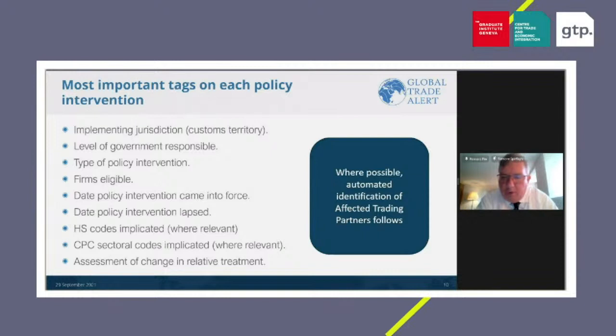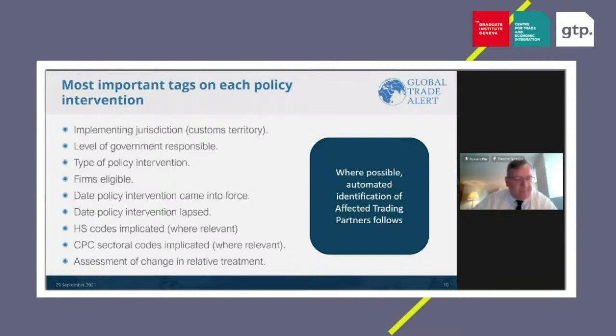As a general rule, whenever we can, we try to automate the processes that we use, at least when it comes to things like identifying affected trading partners and the like, so that the measures are consistently tagged across the thousands and thousands of entries in our database. So these are the tags that we use in our database, and these are essentially the items that you can search by.